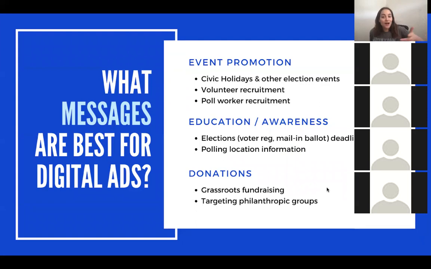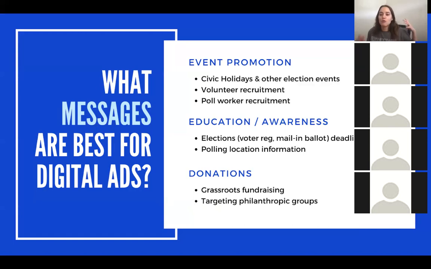So digital advertising also varies from social media because there are certain kinds of messages that are best suited for digital ads. I would say that event promotion is definitely one of the highest impacts that you can have using digital advertising, because you can direct people towards registration links.